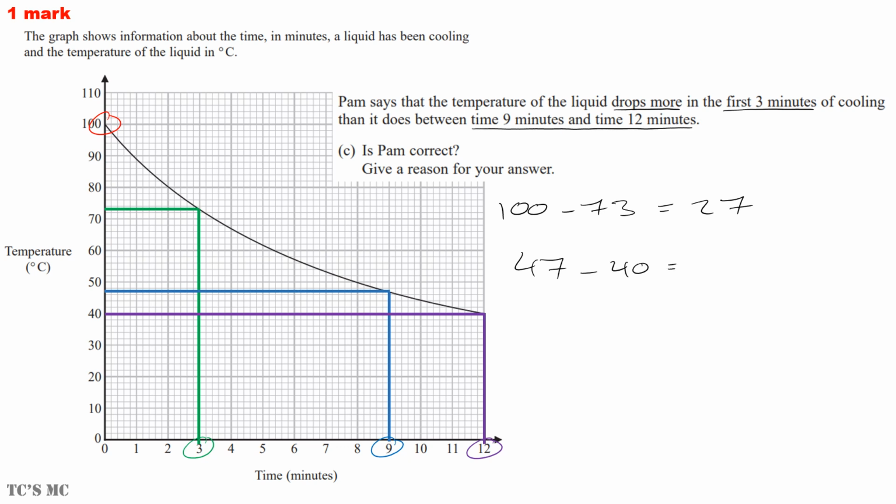The difference is 7 degrees Celsius. To now answer the question, is Pam correct? We can say yes, and then our reason is because 27 is more than 7. And now we have 1 mark.